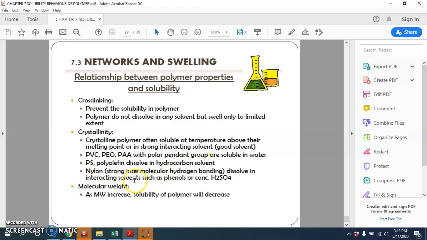Nylon, which has strong intermolecular and hydrogen bonding, will dissolve in interacting solvents such as phenol or concentrated sulfuric acid. In terms of molecular weight, as molecular weight increases, the solubility of the polymer will decrease, which means it is harder to dissolve in the solvent. Okay, that's all.